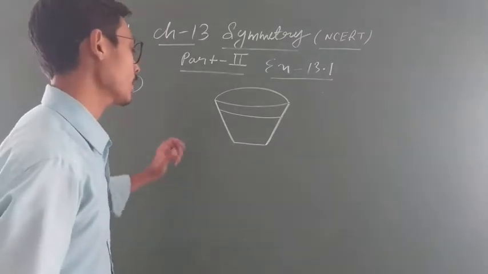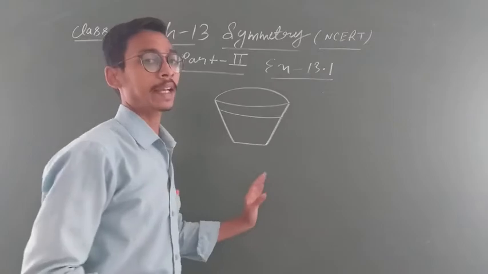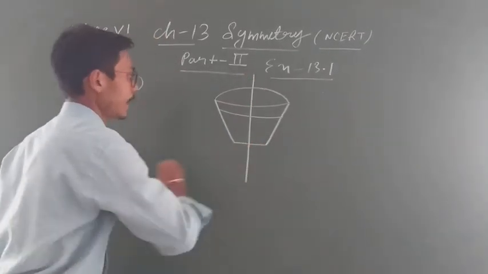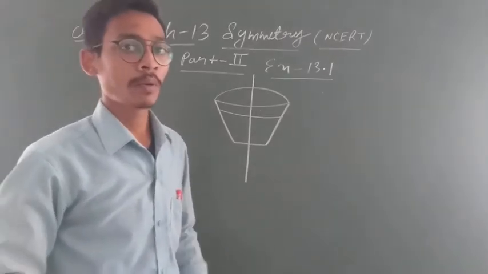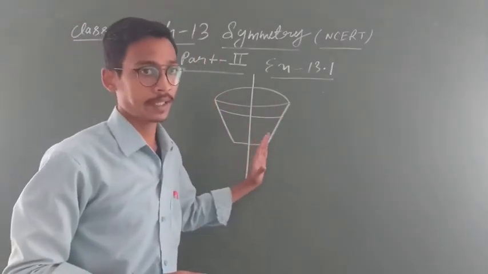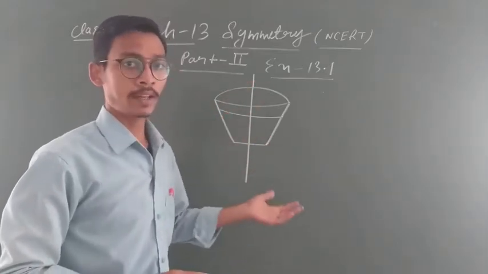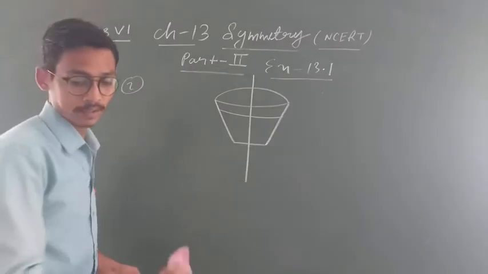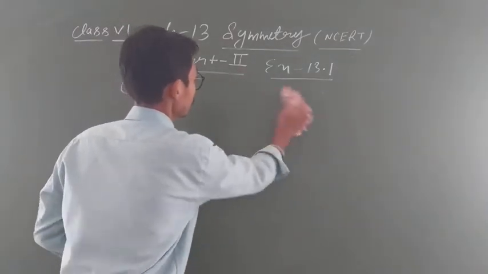In this diagram, how can you find the line of symmetry, students? If you draw this straight line, you can find the line of symmetry because this straight line divides the diagram into equal and identical parts. So you only have to draw the line of symmetry in the given diagram. Many diagrams are given, the rest of them you will solve yourself.